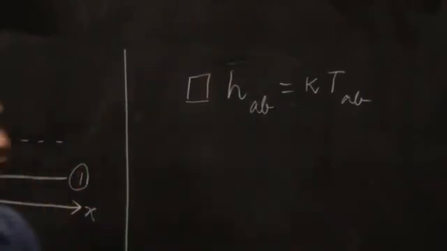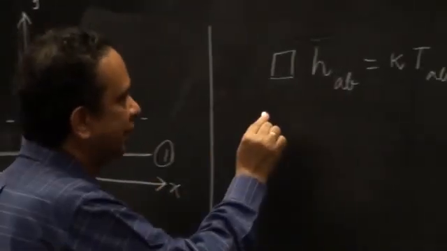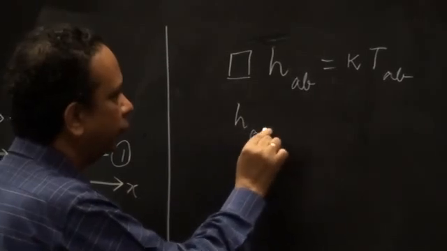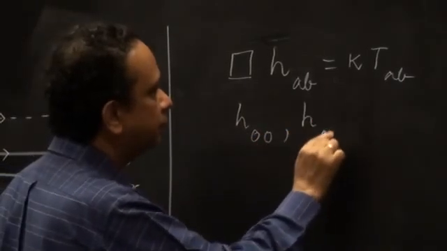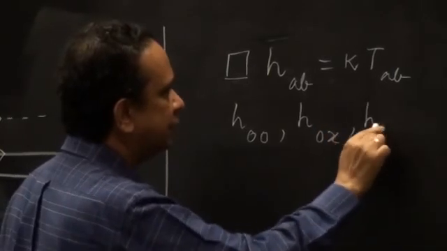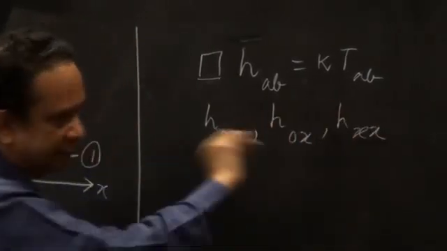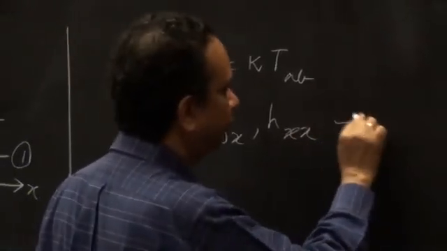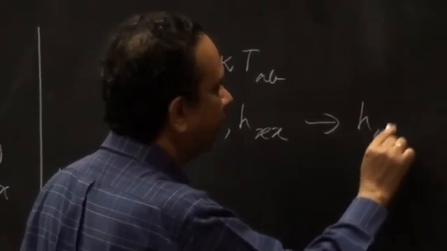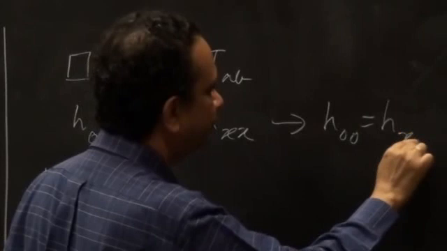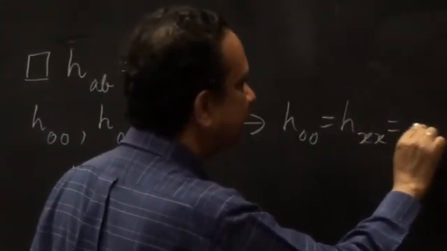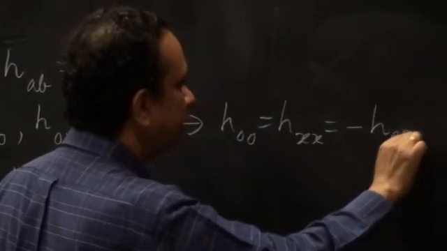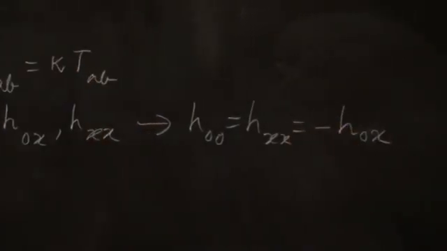All that I need to know is that because I have these non-zero components, the only non-zero components in h are going to be h00, h0x and hxx. And again, using the same boundary condition on all the components of the equations, I have the condition that h00 will be equal to hxx will be equal to minus h0x. This is the only information I need. Then of course if you give me this, I will solve and I will get the spatial variation and all.